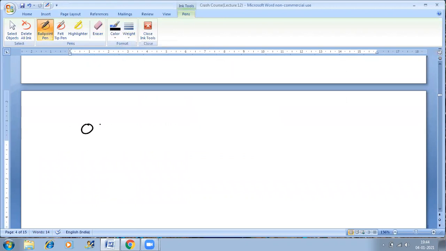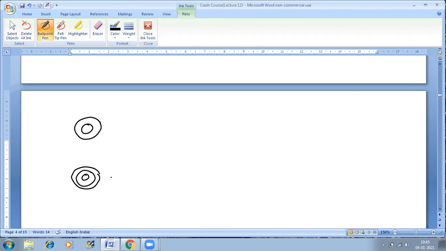So if I have two shells, then I have three shells, then I have four shells, and so on going from top to bottom. Then the last electron is becoming further from the nucleus. The distance between the nucleus and the last electron is increasing with the increase in the number of shells. So more the number of shells, more is the distance between the nucleus and the last electron.